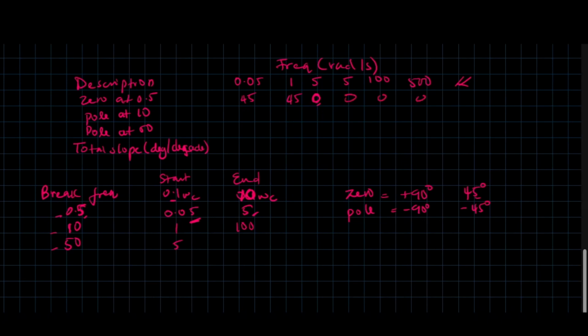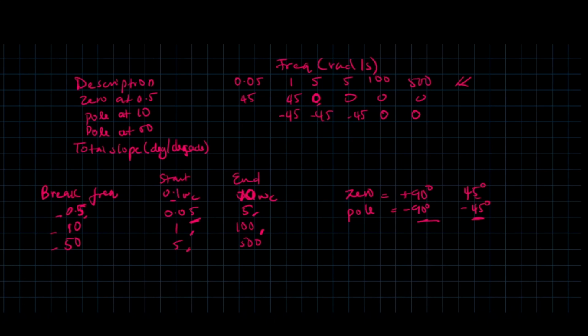Next is the pole at 10. It's going to be minus 45, because the pole started from 1 and ended at 100. 100 is where it stops, so 0 and 0. Next one is the pole at 50.